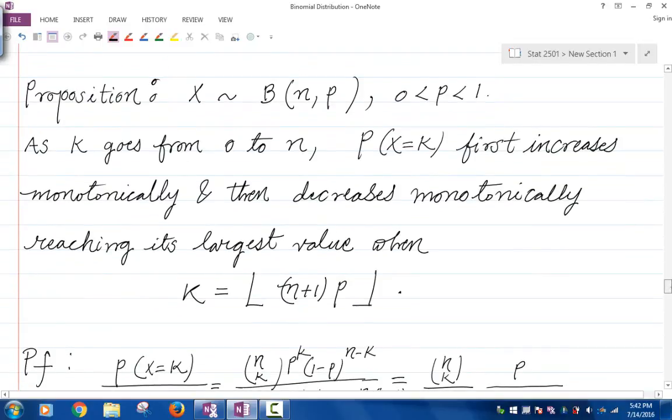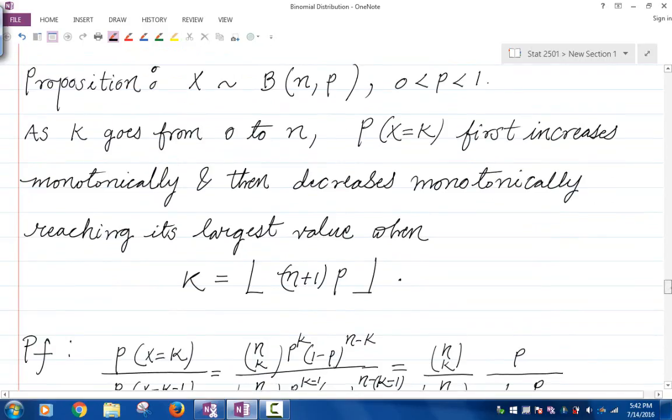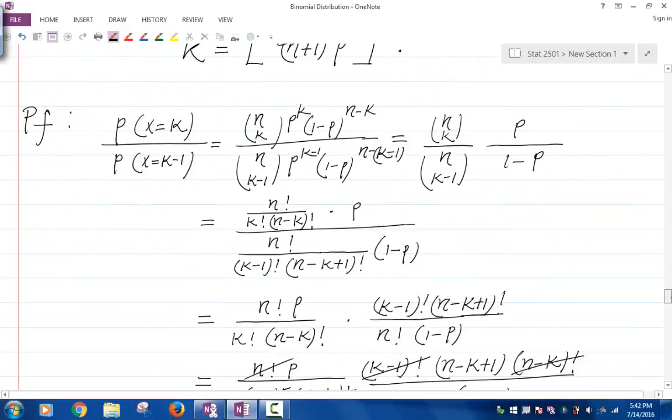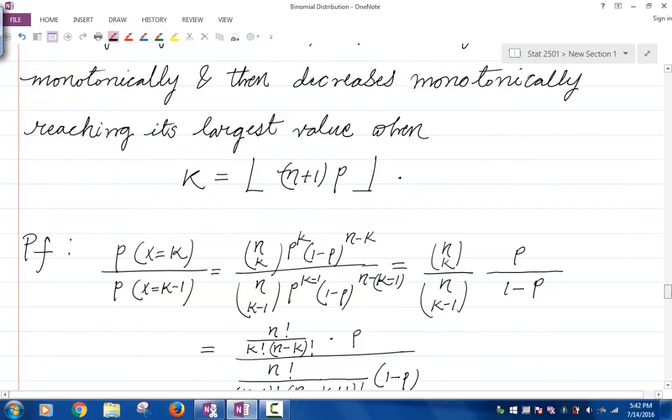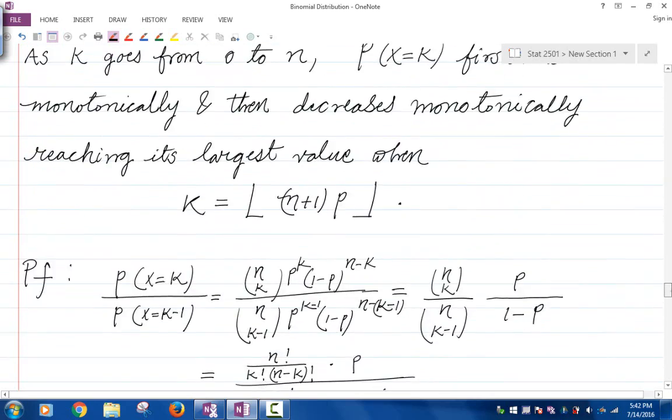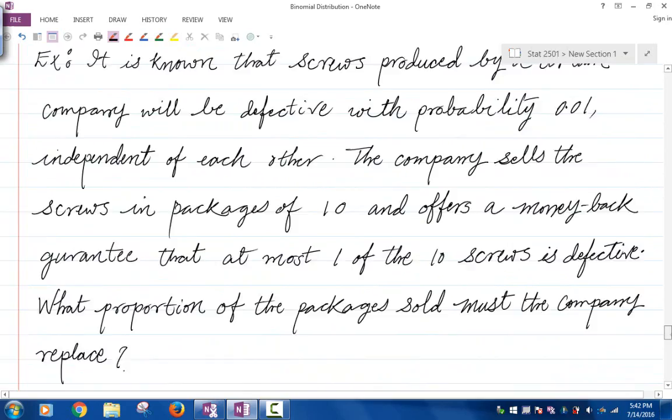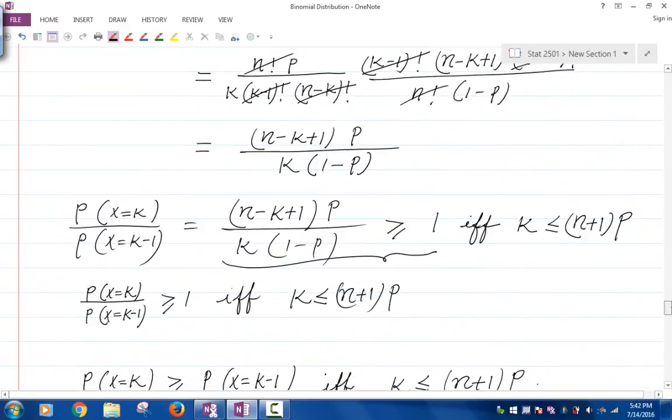Alright, you don't have to worry about knowing the proof for any exams or quizzes, but those of you who are interested, you can look at the proof and see if you can understand it.